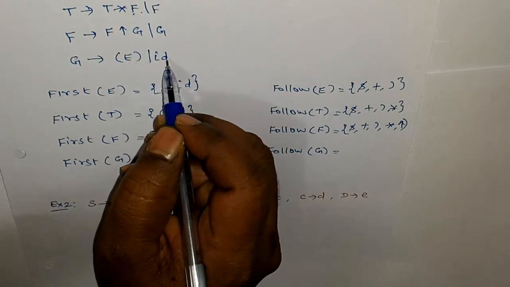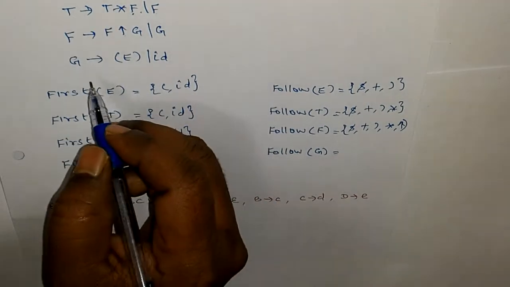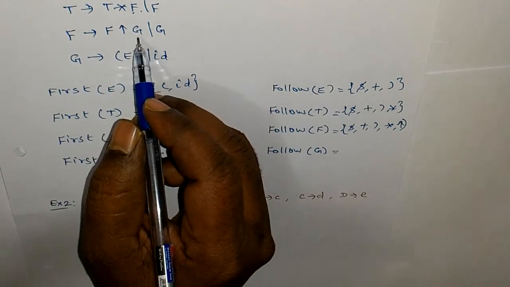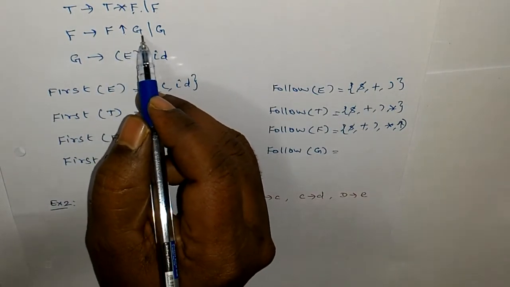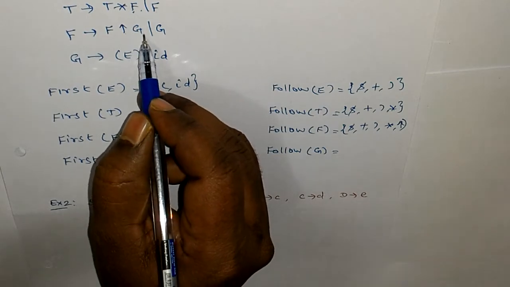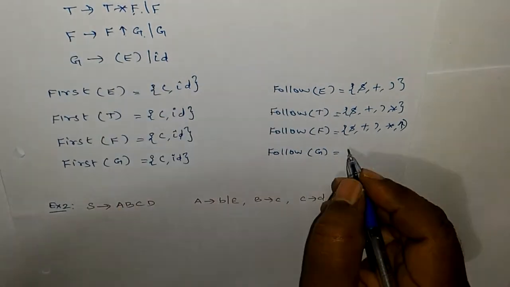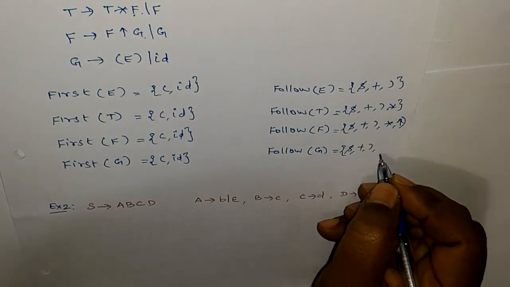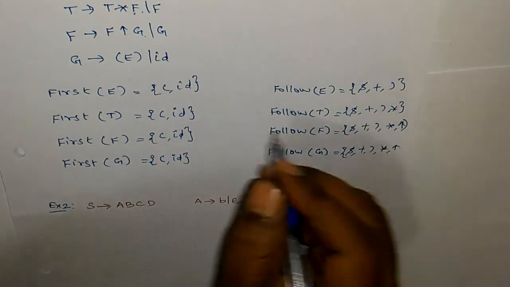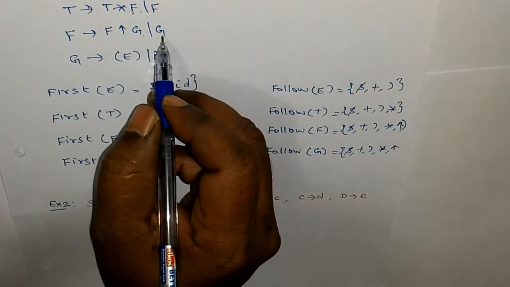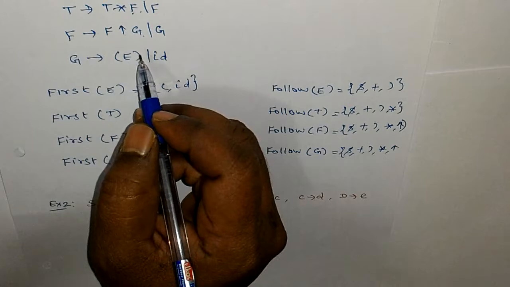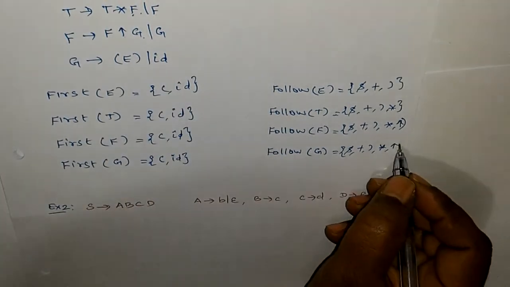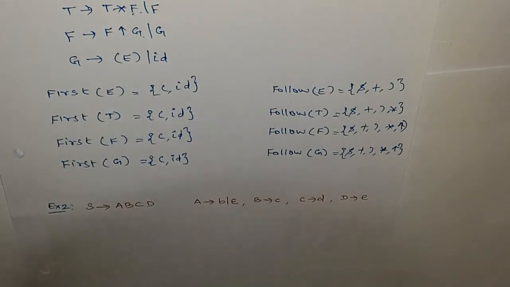F is not appearing here. Next one is follow of G. Wherever G appears, in this production, follow of G is follow of F: dollar, plus, closed parenthesis, star, exponent. Here also G appears, again follow of F, so same thing. G is not appearing here, that's it. So follow of F is also this one.